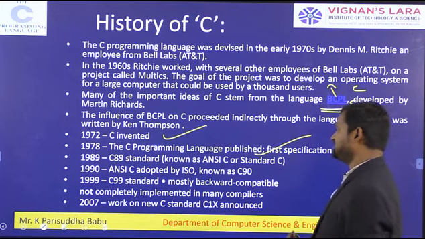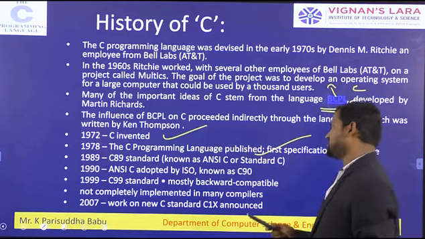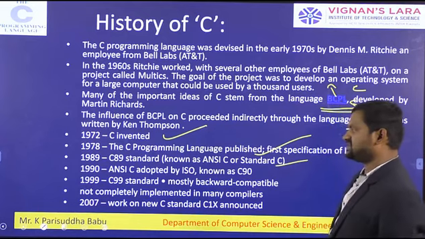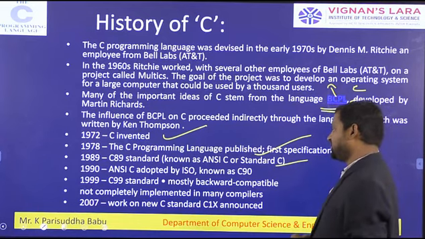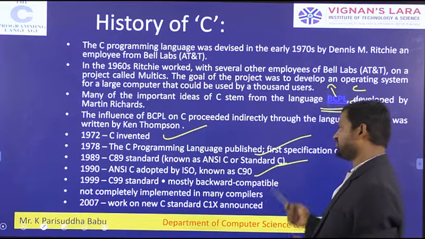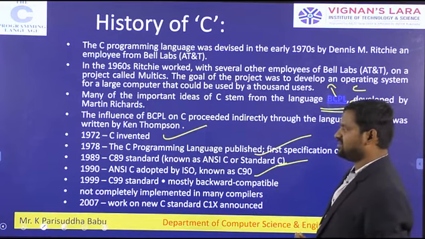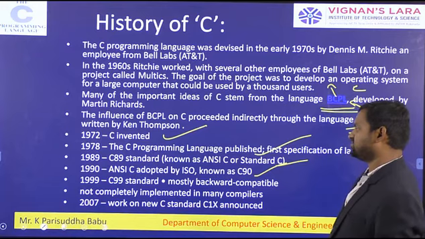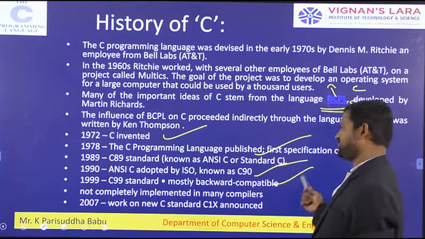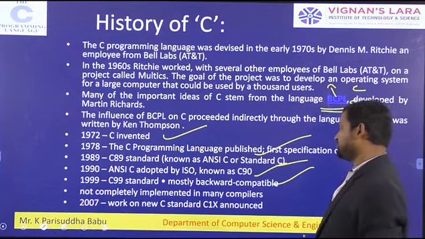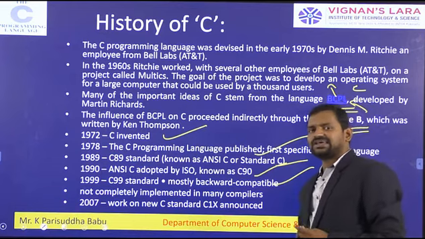In 1989 the C89 standard, the ANSI C standard, came out. In 1990 ANSI C was adopted by ISO, known as C90, okay. After that, C99 was developed, mostly with backward compatibility.